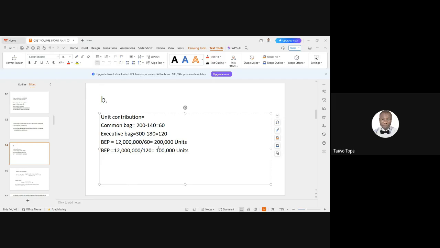So the question is saying calculate the budgeted operating profit. For you to calculate profit, what are the components? Sales less variable costs, we have contribution, less fixed cost, we have the profit. Okay, fine.